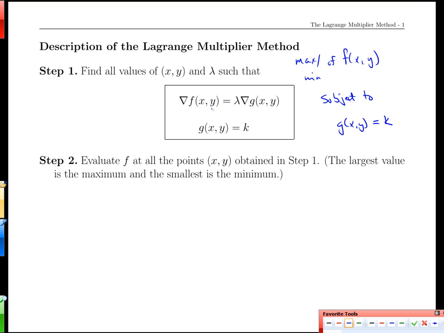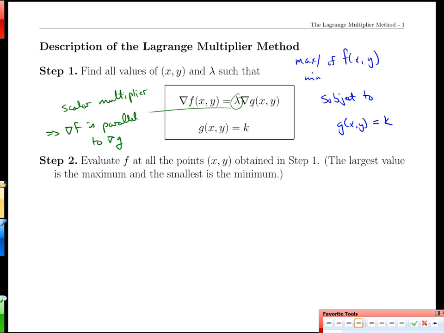And the points that are going to give us these optimums are the ones where the gradient of f is equal to the gradient of g with a scalar multiplier. And if two vectors are the same except with a scalar multiplier, that's the same thing as saying the gradient of f is parallel to the gradient of g.